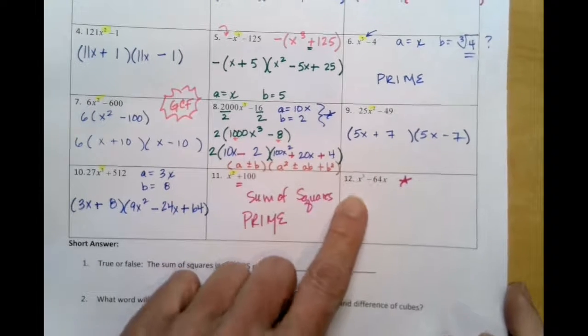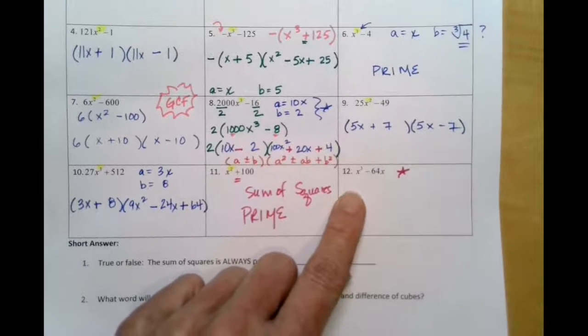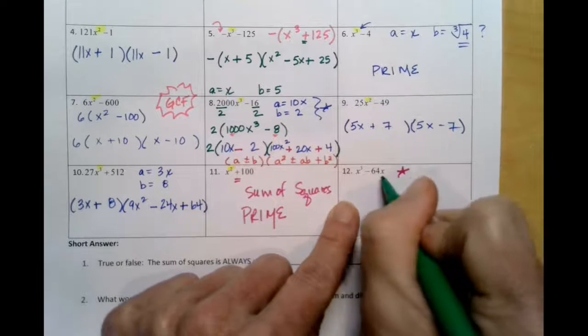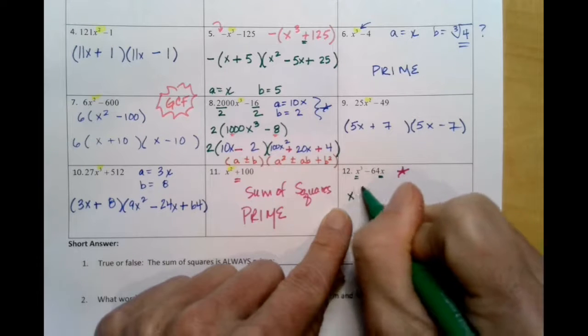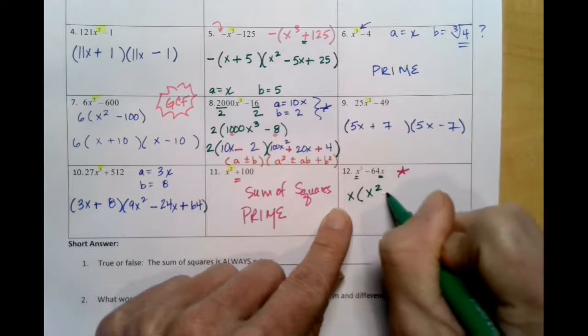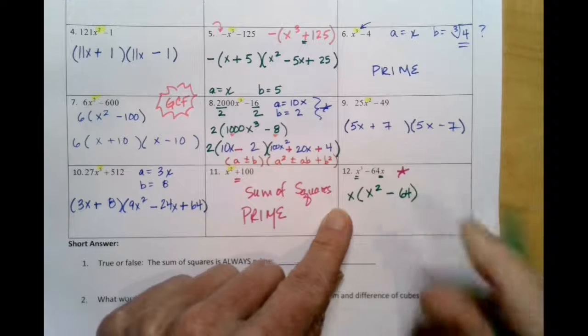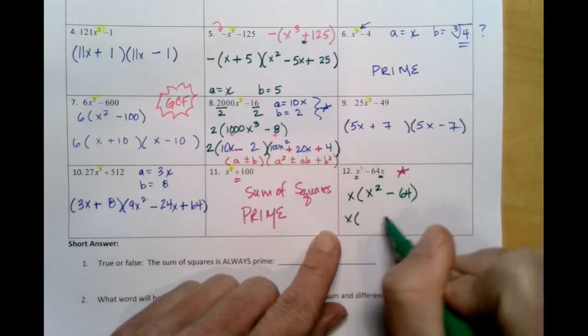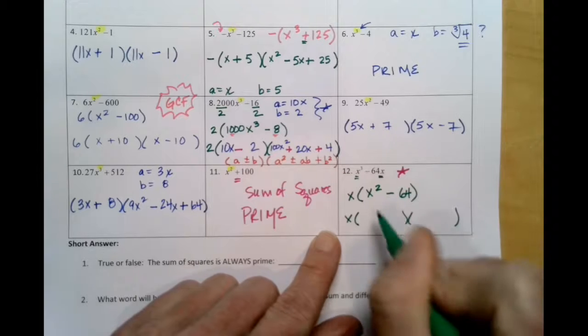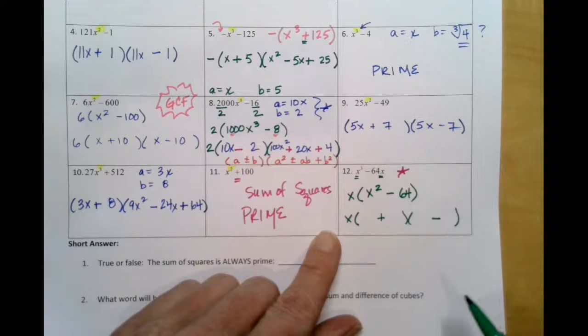All right, we're going to get into this one. And I told you to think ahead about this one. I hope you saw what I wanted you to see. Hello, GCF. So I'm going to take an x out, and that's going to give me x squared minus 64. Now I have the difference of two perfect squares. I have x times, and I can split into my sum and my difference pattern.